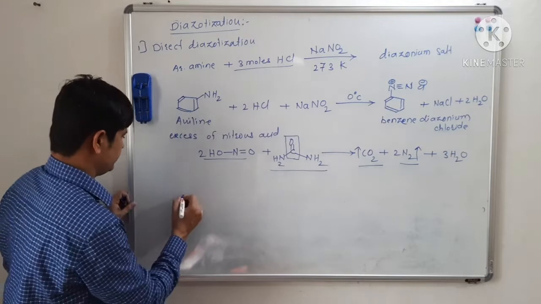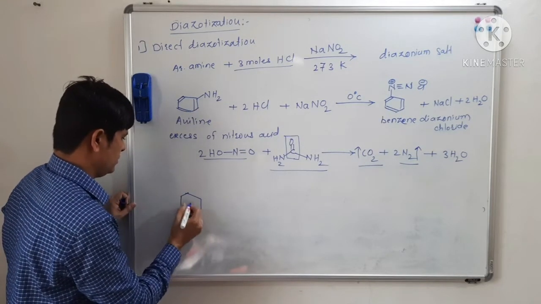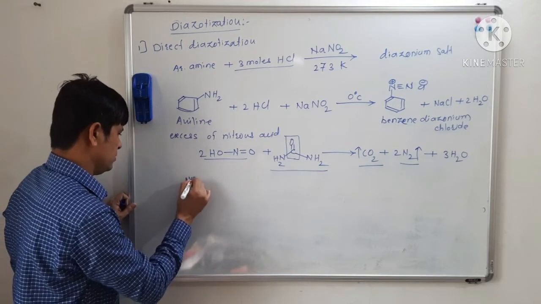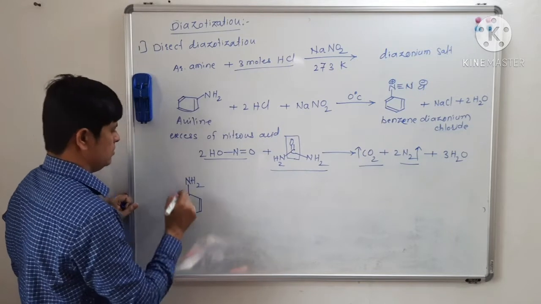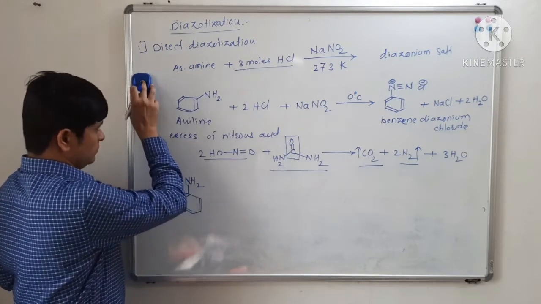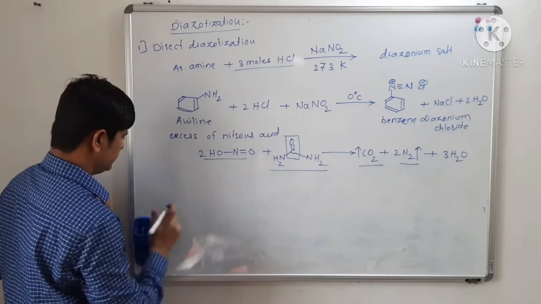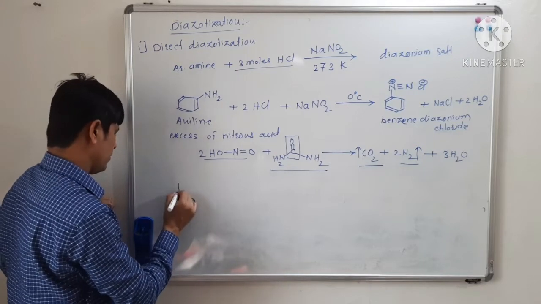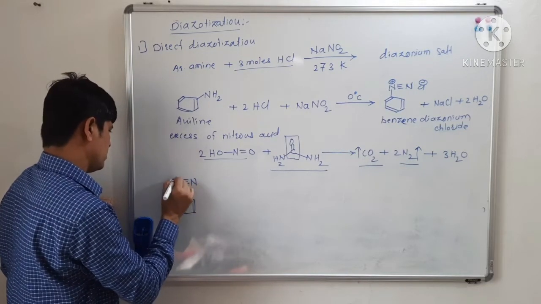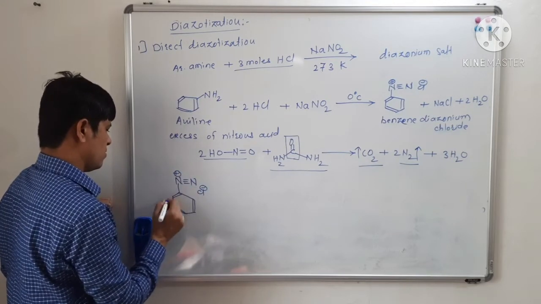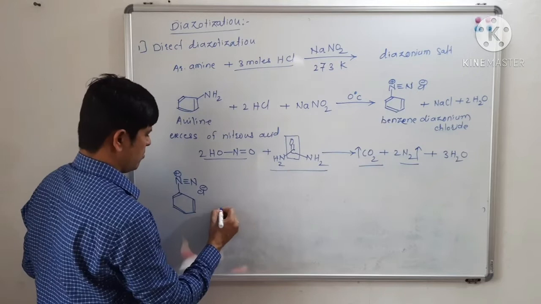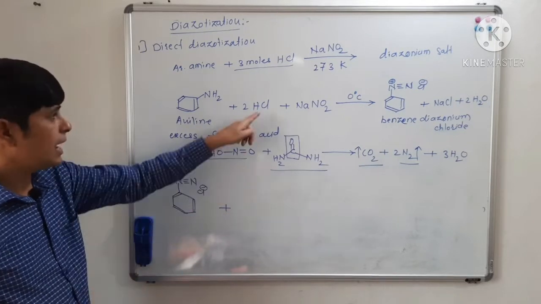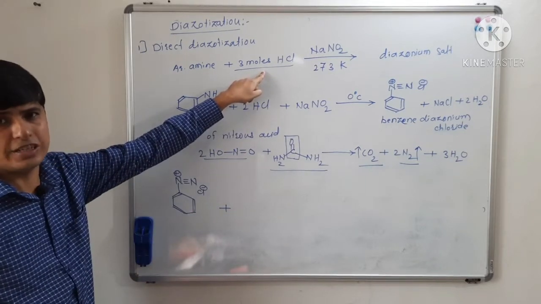Okay, let us see. If we have not used 3 moles of hydrochloric acid in this diazotization reaction, what we will get?